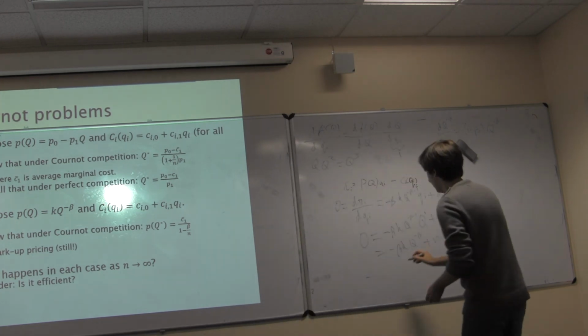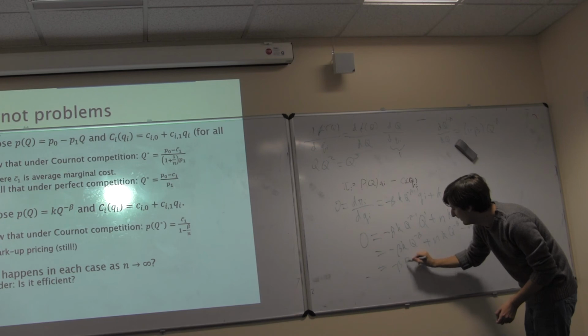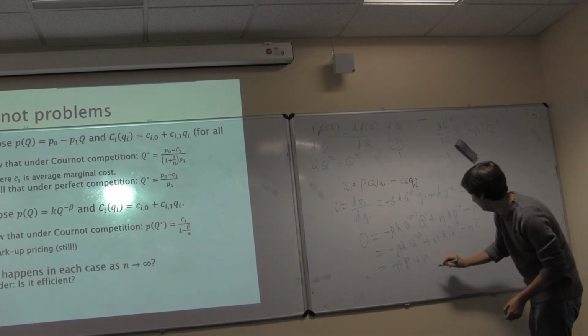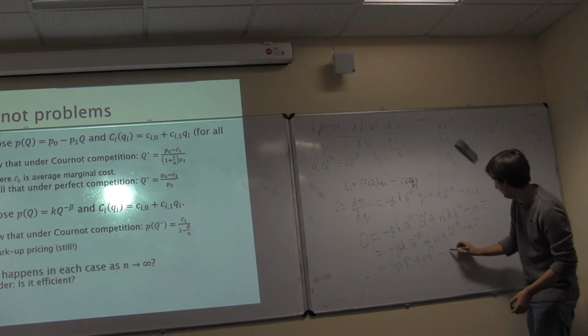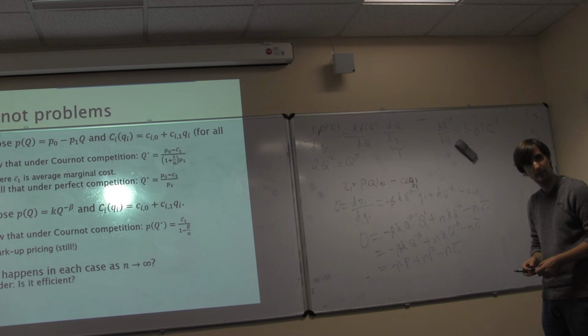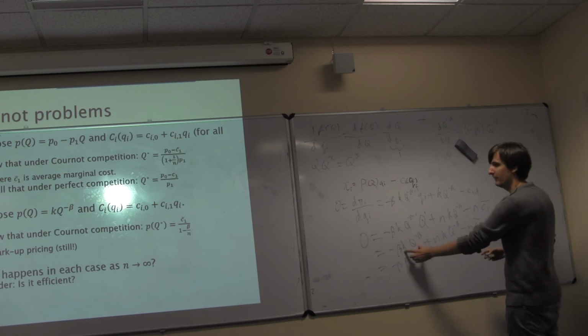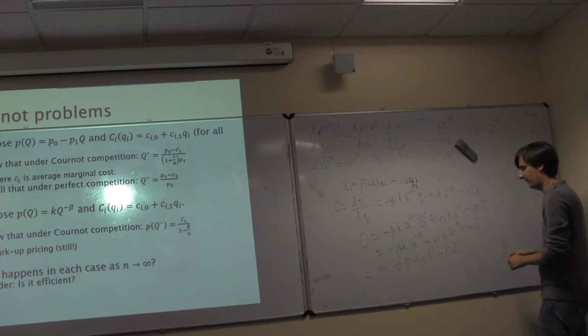So this is just minus beta times the price plus n times the price minus n times c1 bar. Happy? So all we've done is remember that k times q to the minus beta is p. So we're just replacing all by p.